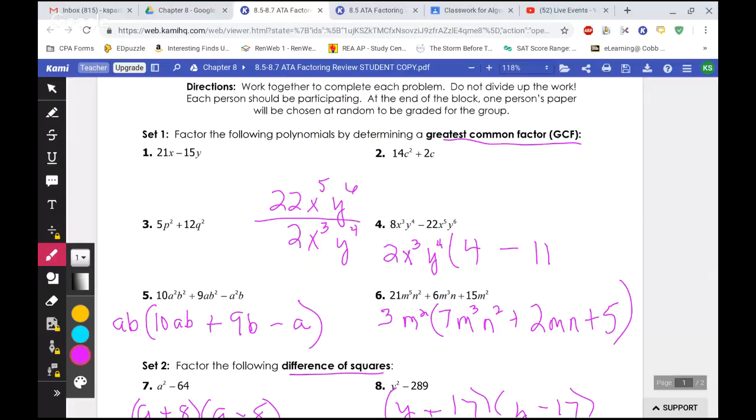And then x to the 5th divided by x to the 3rd: 5 minus 3. Anybody there? 2. Okay. Good job. And then 6 minus 4 is 2. Thank you very much.